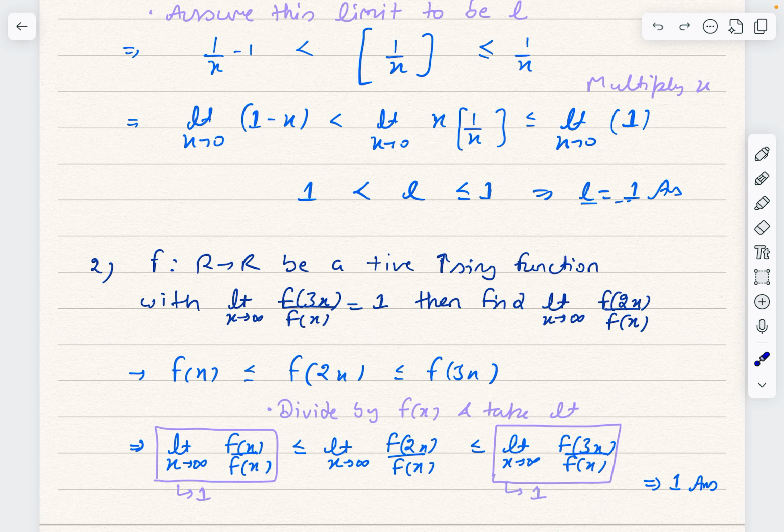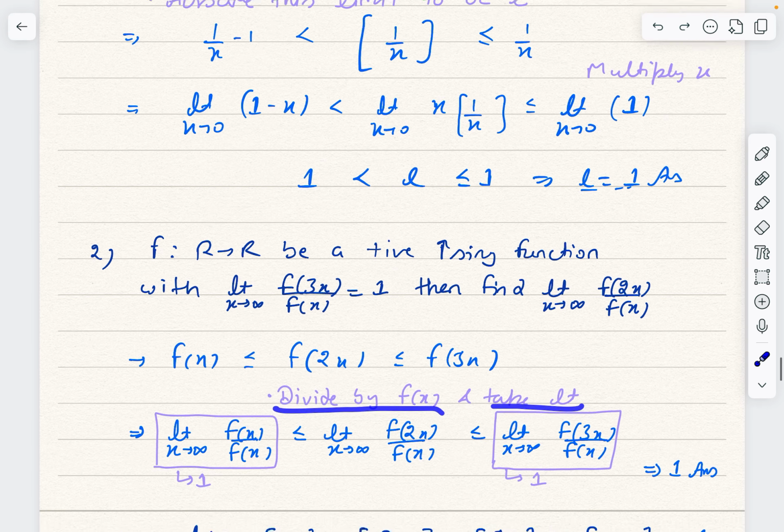Let's start the discussion now. You see, if f is an increasing function and x is some positive number, f of 2x will obviously be more than f of x and less than f of 3x. Now divide by f of x on all three sides and take the limit.